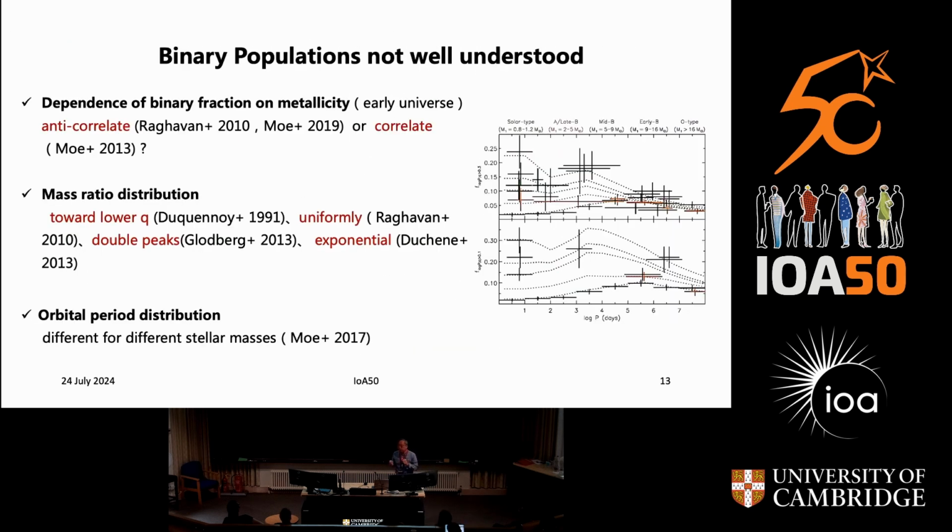And also, Jane just talked about BPASS. For BPASS, there are inputs on the properties of the binary population: the binary fraction, the mass ratio distribution, and the orbital period distribution.